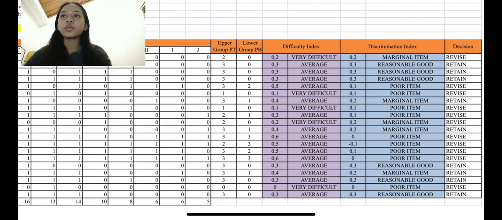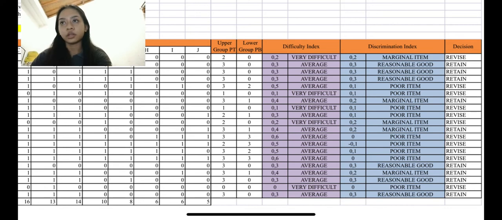So 2 plus the lower group, no one can answer it correctly. So upper group plus lower group, and then we divide it by 10. So the result is 0.2.